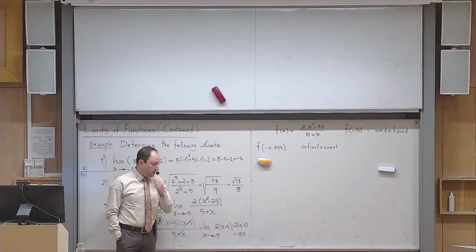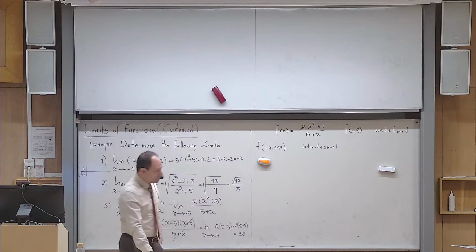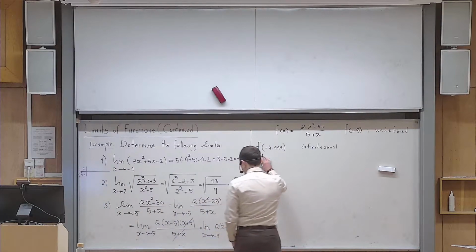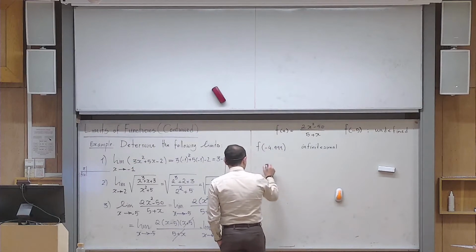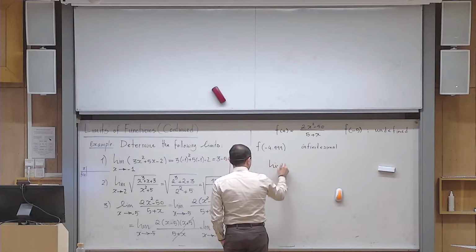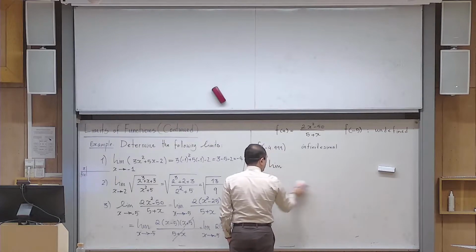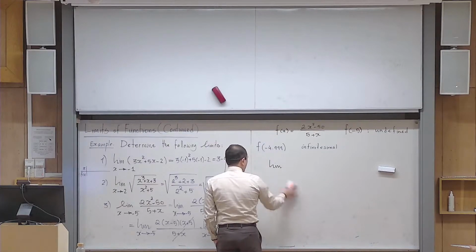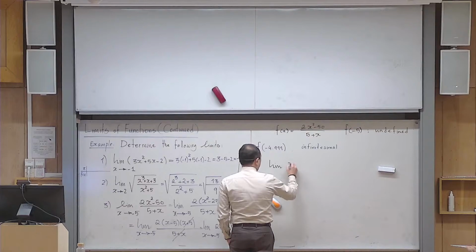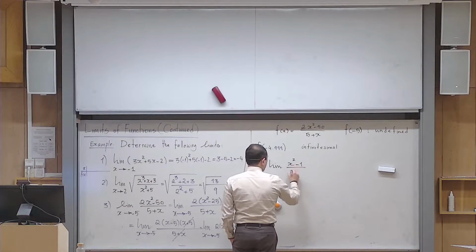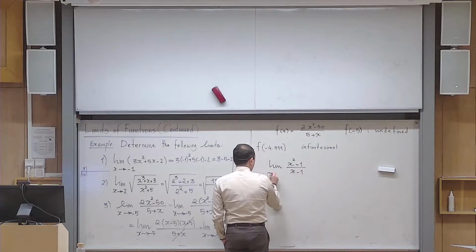Yes? So the notion of limit is a little bit complicated, so let me make it a simpler example, okay? So if you have (x squared minus 1) over (x minus 1), x goes to 1.